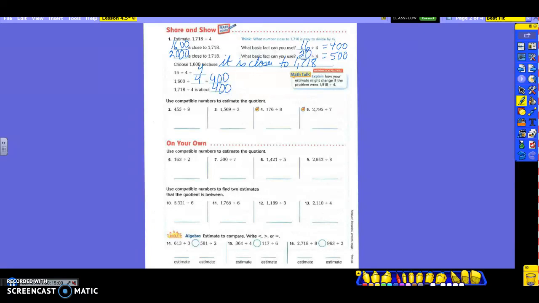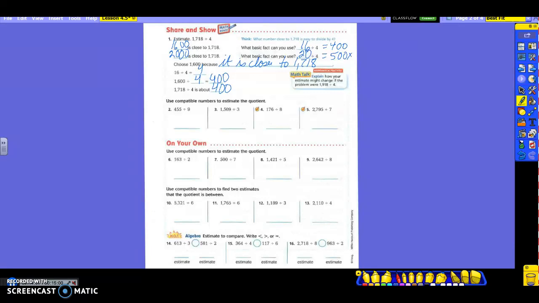So we didn't really have to do this one right here because we only used this one because it was closer. Okay, you still need to be able to do one that is less than and one that is greater than the number you're looking at because there's going to be a part on your homework page that you're going to have to do that. You're going to have to give me the 2 that it is between. Okay? You all understand what you just did there?